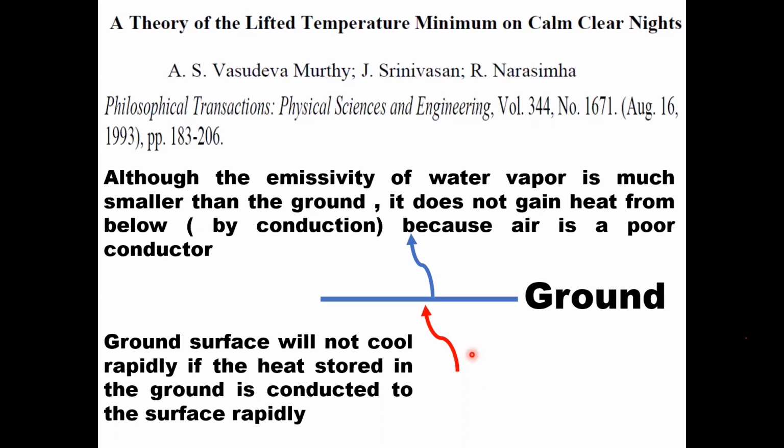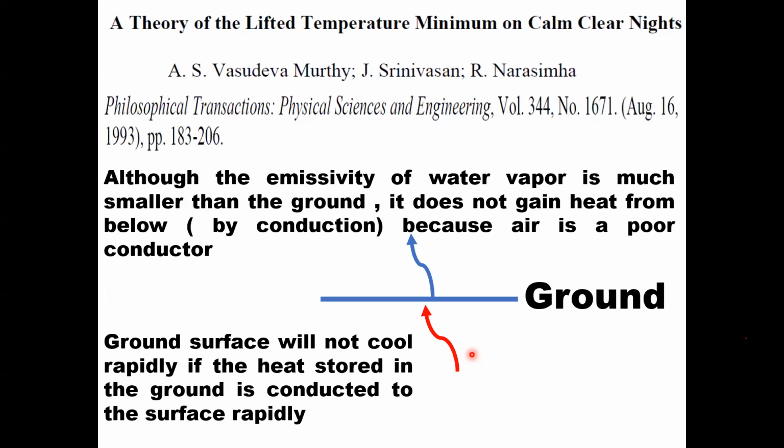This was not appreciated 80 or 90 years ago. Everyone was focusing on radiation issues, which is important, but we must also worry about the way the ground is cooling. If the ground cooling is not high because the ground is getting heat from the interior, then on certain special days the air can cool faster than the ground.